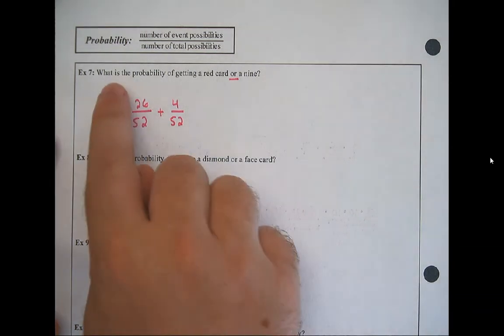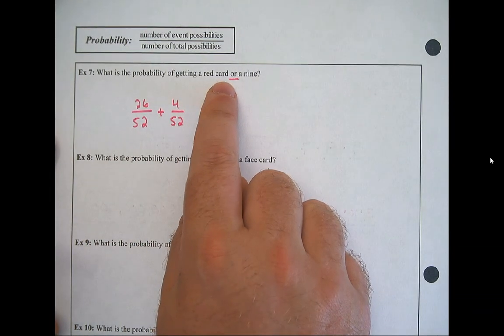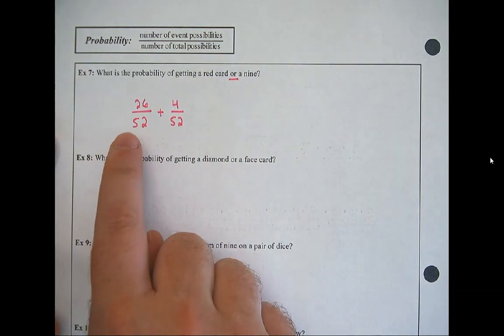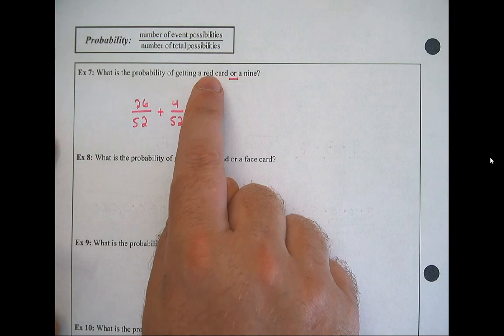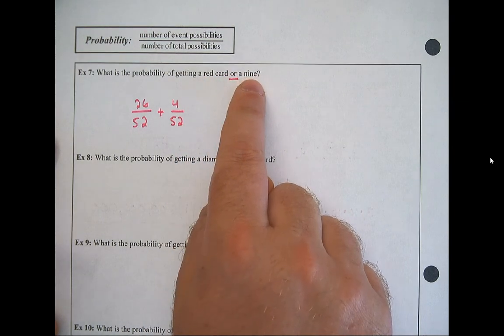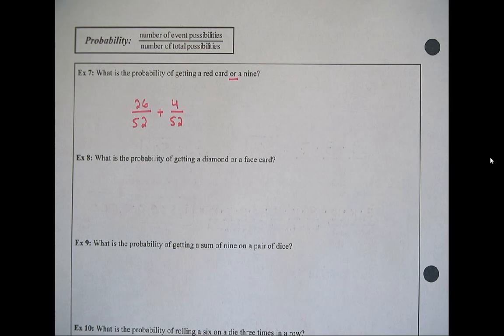So you've got to be careful when you're trying to count up the ways something could happen. You've got to be careful that you don't count the same thing twice. In other words, are there any situations where there is a red card that is also a 9? Yes, there are 2 red 9s.